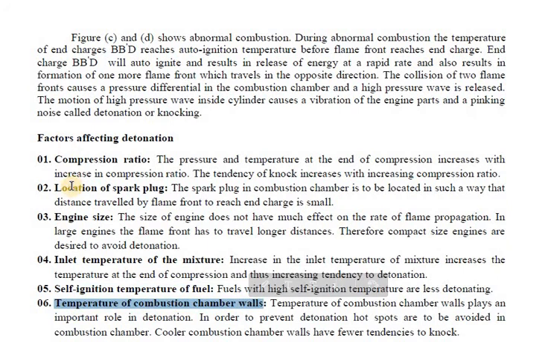These are the very important factors which affect knocking in the SI engine. How does compression ratio affect it? The pressure and temperature at the end of compression increase with increase in compression ratio. The tendency to knock increases with increasing compression ratio. If the compression ratio increases, the knocking also increases.